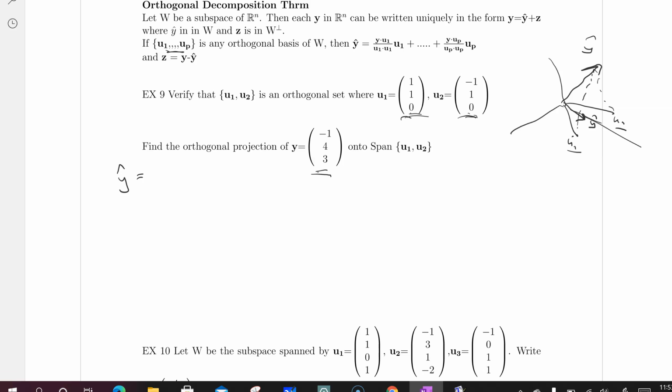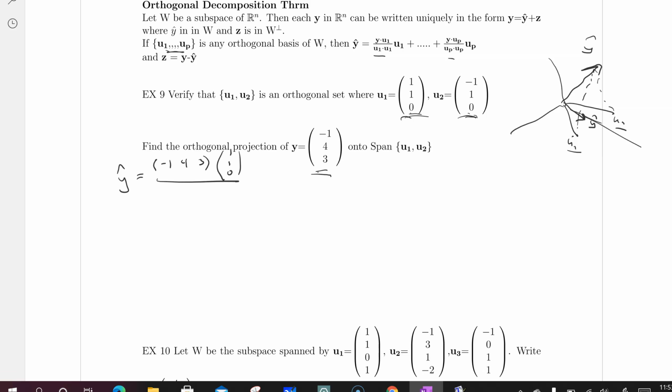To find y hat, it's the same thing, just more than once. So I take y, that would be -1, 4, 3, dotted with my u1, 1, 1, 0. Then I divide by u1 dot u1, 1, 1, 0 dotted with 1, 1, 0, plus.